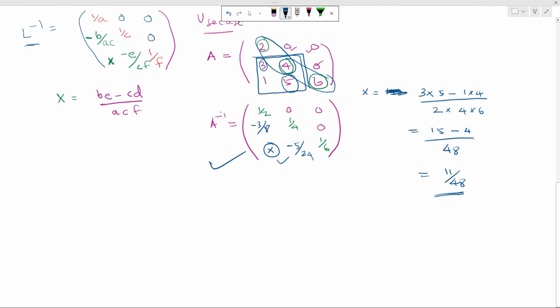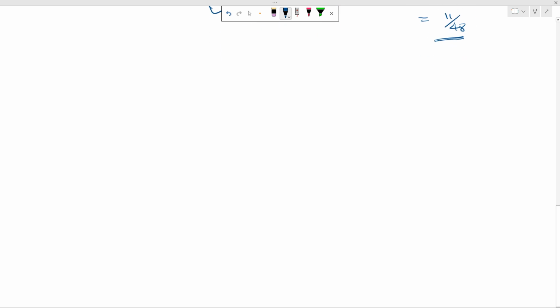Now we will go for an upper triangular matrix, right? So the upper triangular matrix will be in the form, I can write in this way: U is equal to A, B, C, D, E, F, then the rest will be 0.